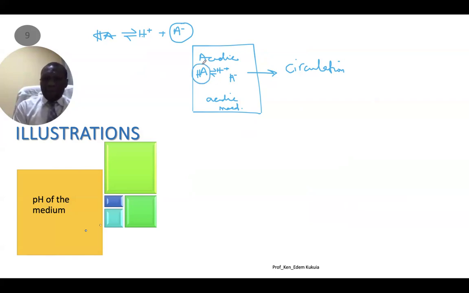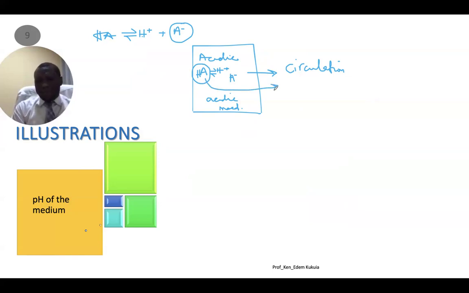That means that it will not be charged. Now, remember, I've told you that if the thing is not charged, it easily can be absorbed. And so when you have an acidic drug that is in an acidic medium, majority of the drug molecules will be in the unionized form, which is the HA. So that unionized form can easily cross into circulation.